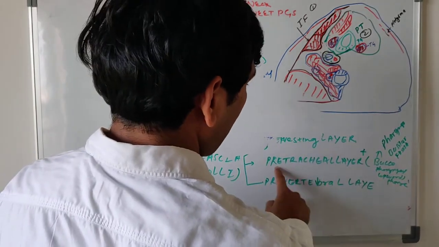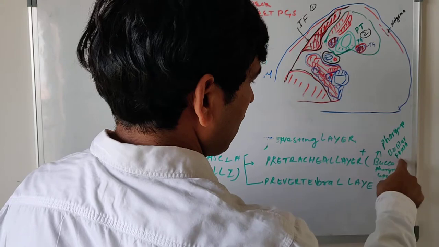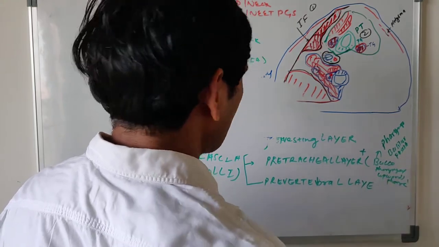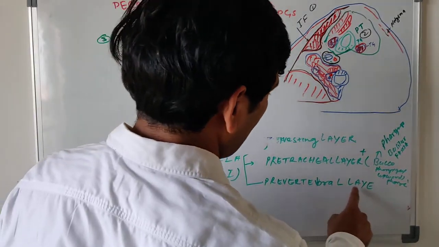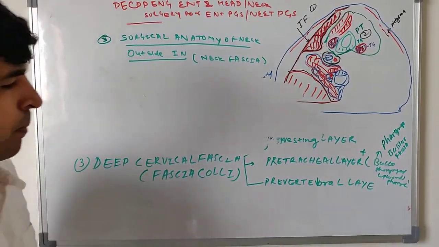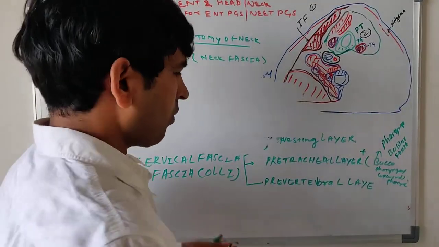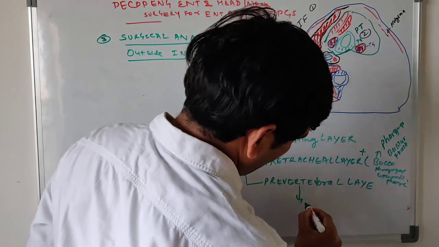Investing layer; pretracheal layer, which upward extends to the head as the pharyngobasilar fascia, and the buccopharyngeal fascia is also an extension of the deep cervical fascia; and the prevertebral layer, which is the deepest layer of the deep cervical fascia. It also forms the carotid sheath.